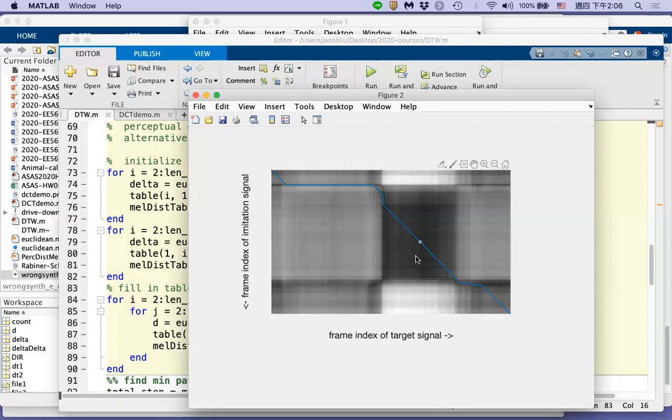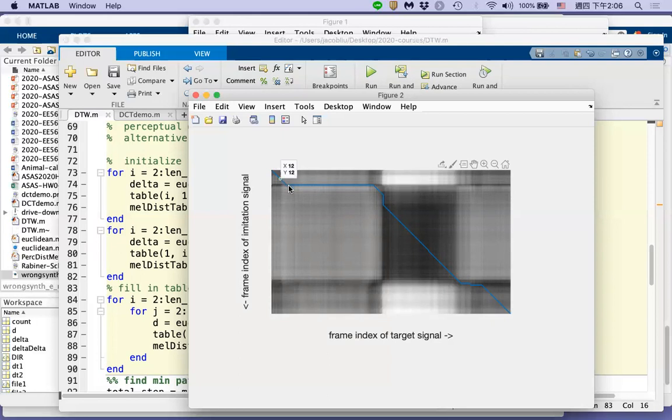So here you see that for my attempt, dynamic time warping finds this blue path. And this blue path has a rule which allows it to go in only 3 directions. It can only go to the right, or downward, or to the bottom right, only 45 degrees.